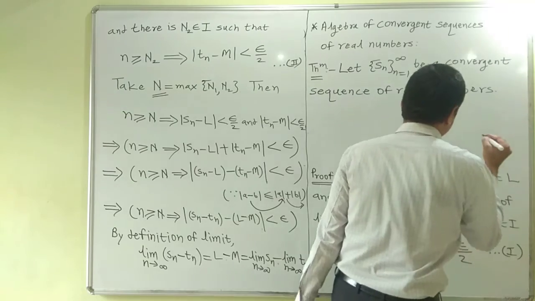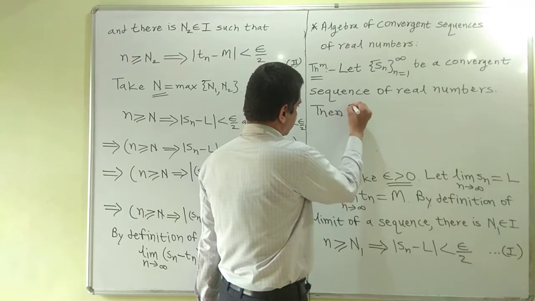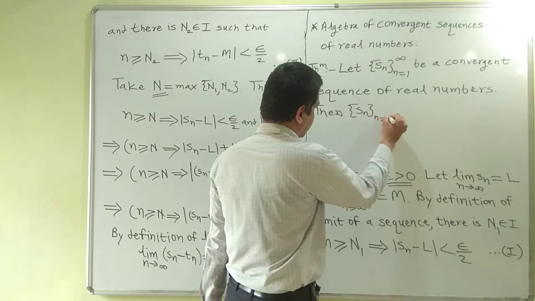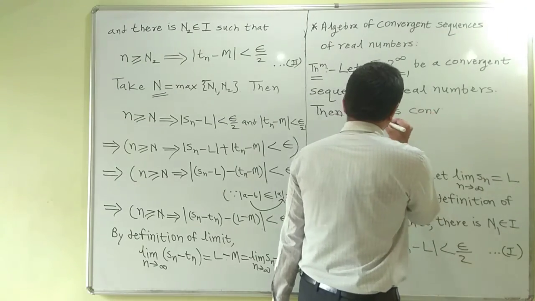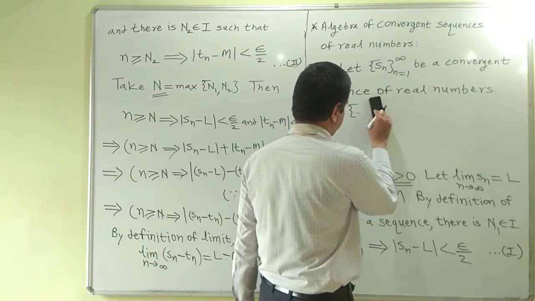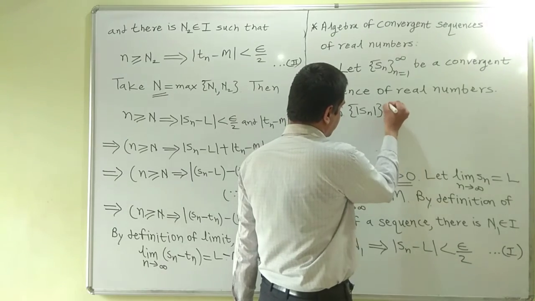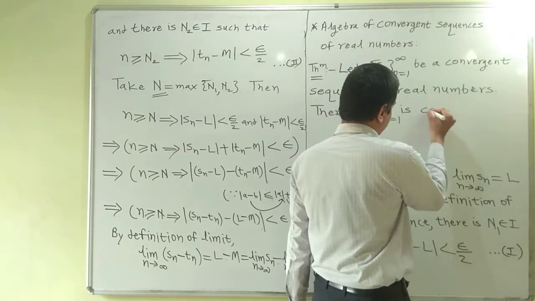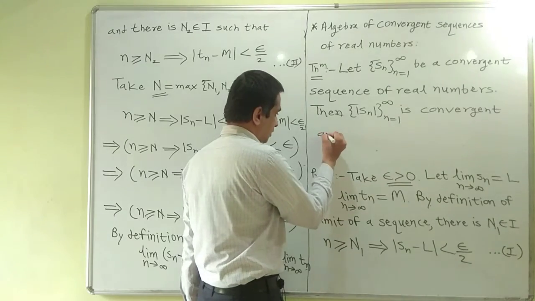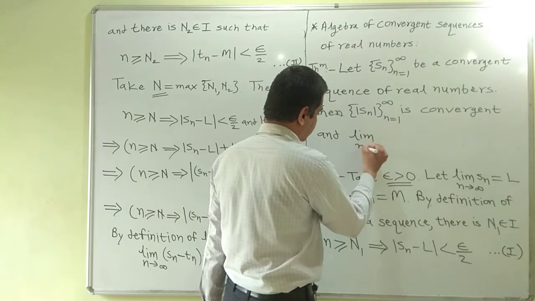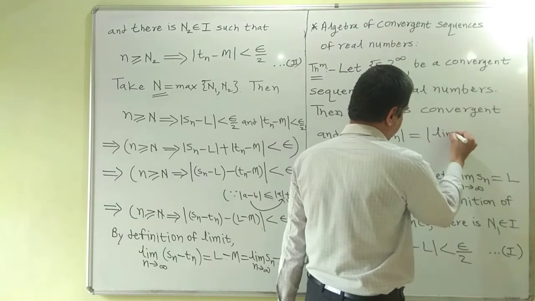Then, if Sn is convergent, then |Sn|, n equal to 1 to infinity, is convergent, and further limit of |Sn| equals |limit Sn|.